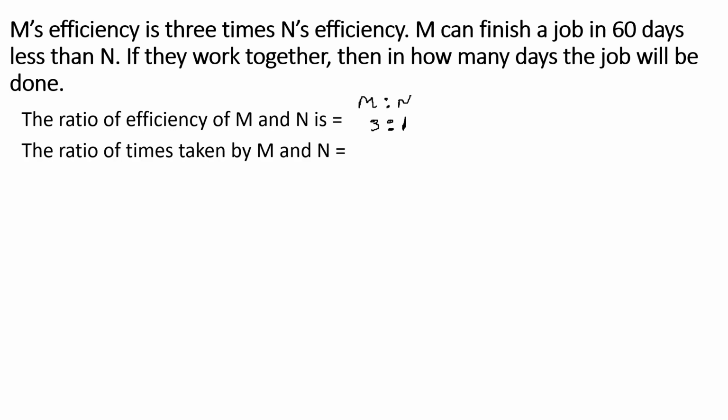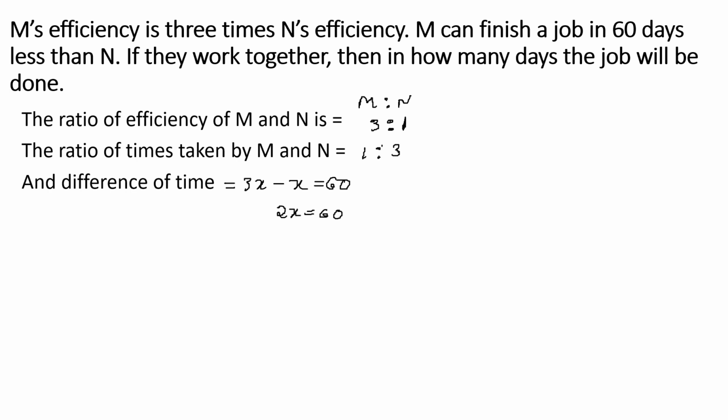Now the ratio of the time taken will be the inverse of the efficiency, that means 1 is to 3. Now also the difference of time is 60 days, so that means 3x minus 1x is equal to 60, or 2x is equal to 60. This implies x is equal to 60 divided by 2, 30.